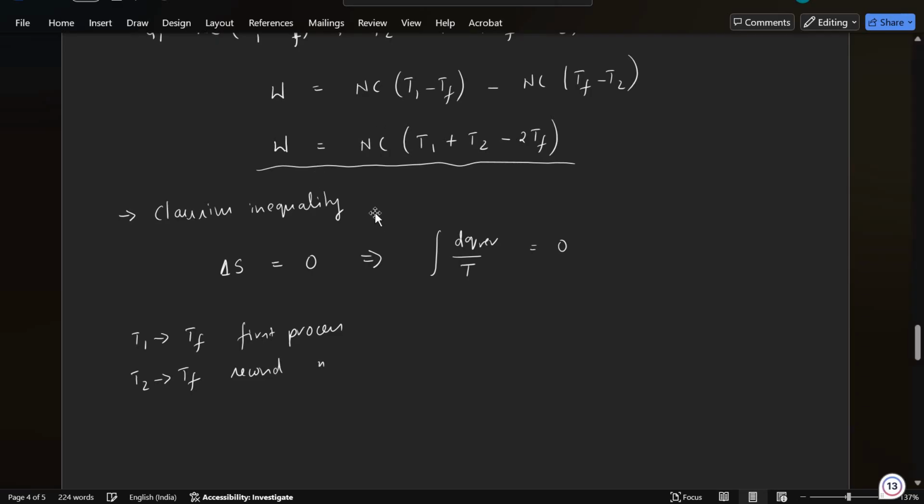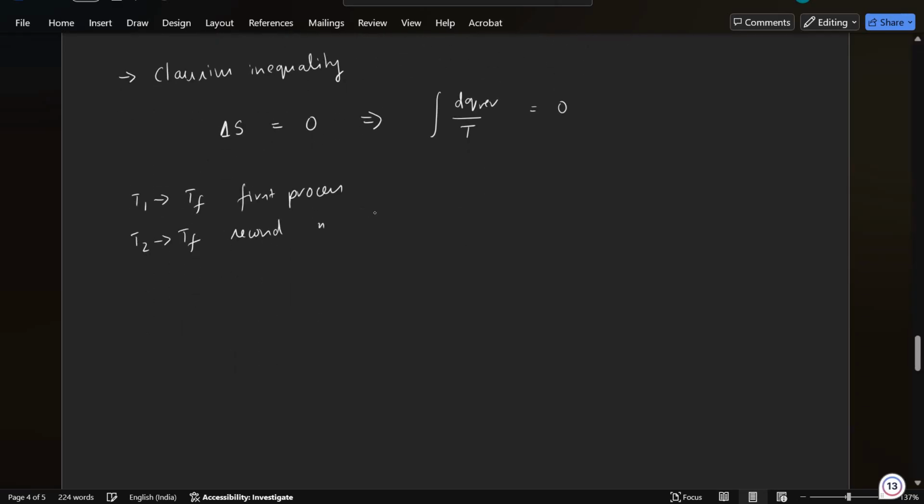So for both those processes, we need to find the dq and dq by T basically, and then we are just going to sum them. All right. So this is going from T1 to Tf, then we have dq by T plus going from T2 to Tf, again dq by T is equal to 0.